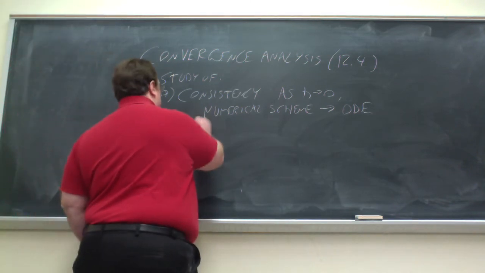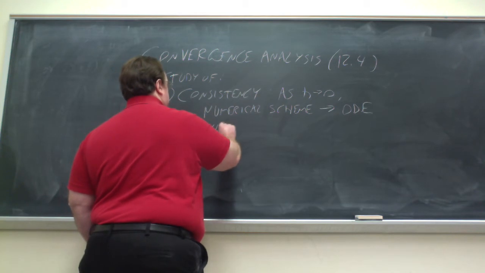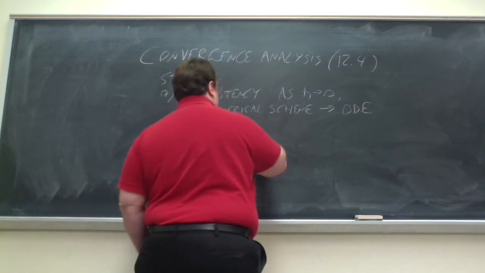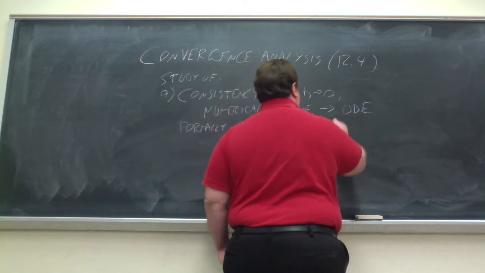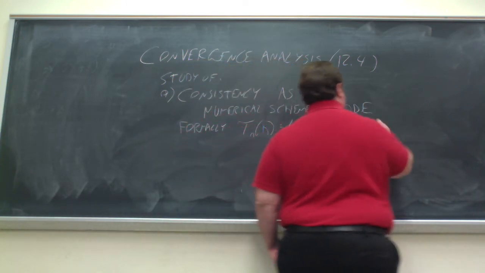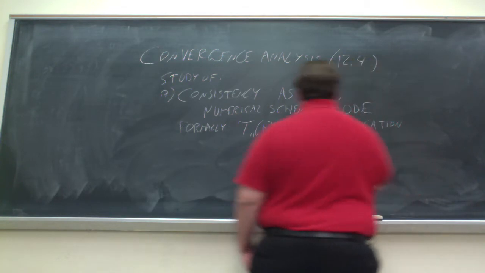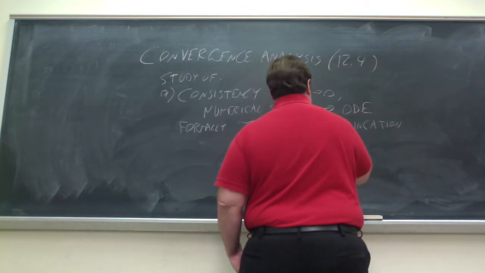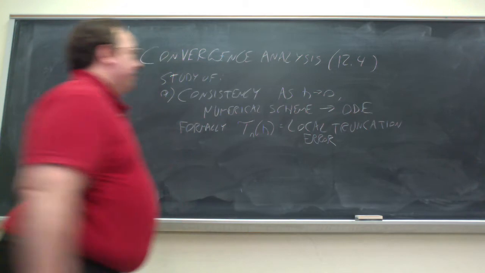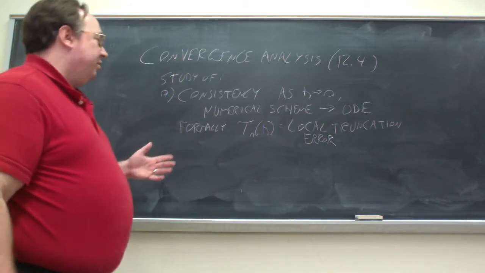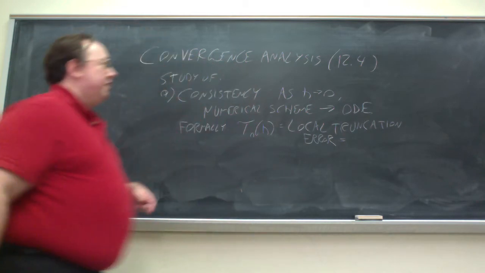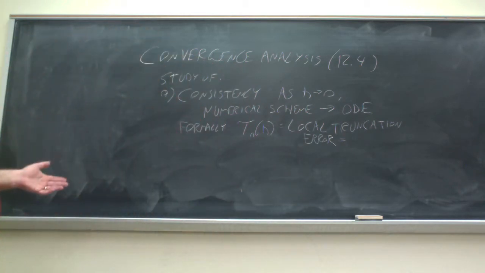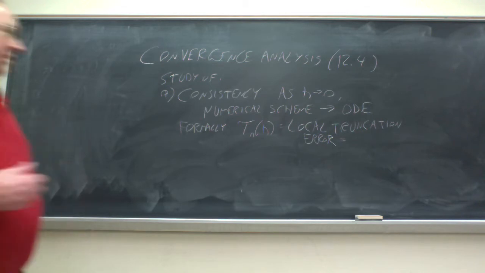Now, more formally, this expression tau n of h is defined to be the local truncation error. And how you get the local truncation error, I will define it more rigidly for one-step and multi-step methods separately. I did it for a general time-stepping method in the book, but again, cumbersome.